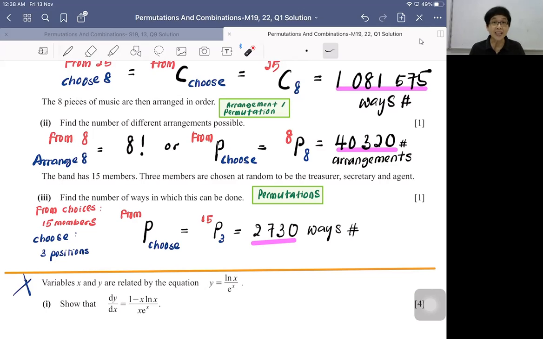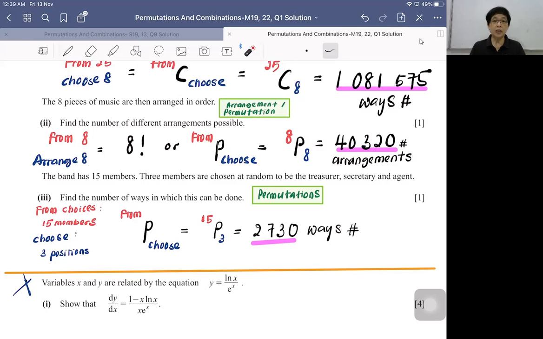Okay, so for this case, it is unique because of the order of the selection: treasurer, secretary, and agent. Different people holding the position of treasurer make a complete difference to the committee.